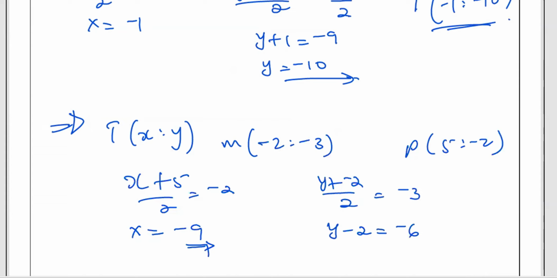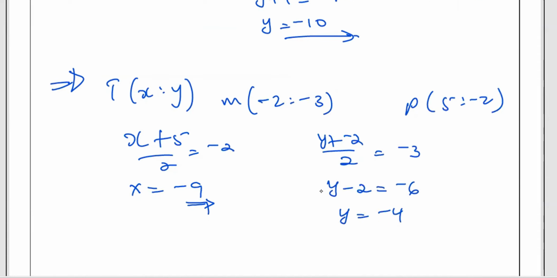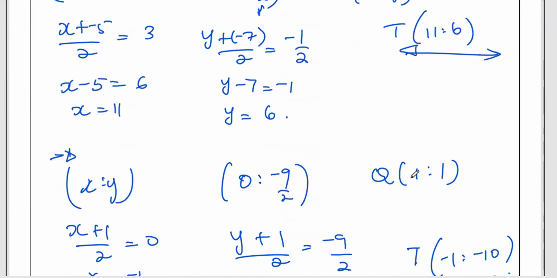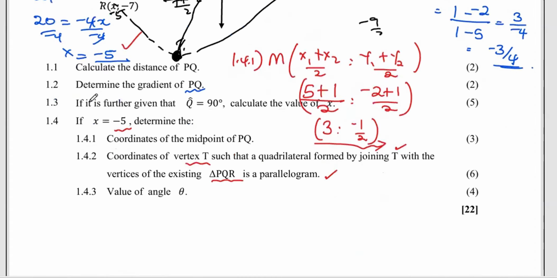If we move this 2 to that side, our y is -4. So it's still possible for T to be (-9, -4). These are the various options that we can have, depending on how the examiners are going to treat this question, but those are the options we would have had for that particular question.